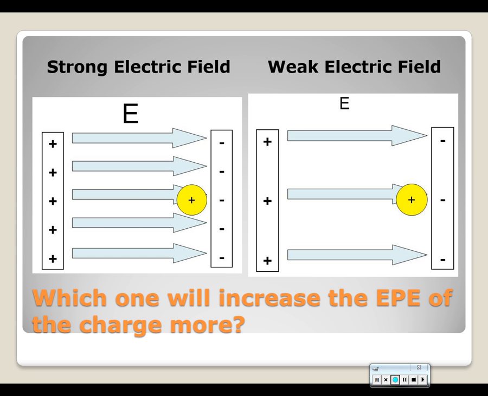So the last way for letter F is we can increase the charge. Any one of those would increase the electric potential energy. All right, do we understand this? Or at least kind of, sort of, maybe. It's real similar to gravity, other than it's electric fields instead of gravity. Okay? Good there?